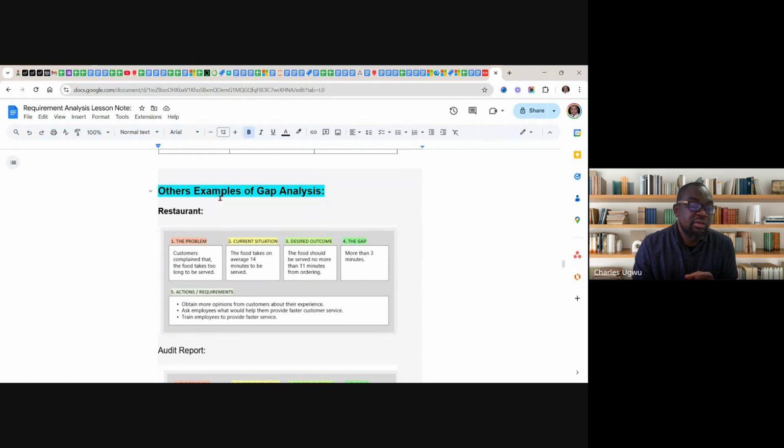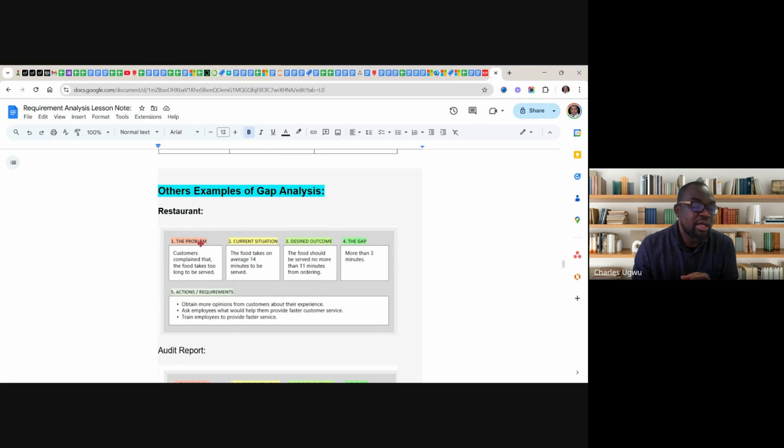For instance, here in this scenario, in a restaurant, you have a problem, you identify the problem, you identify the current situation, you identify the desired outcome, and you identify the gap. And then you identify the solution. The problem here: customers complain that the food takes too much time to be served.